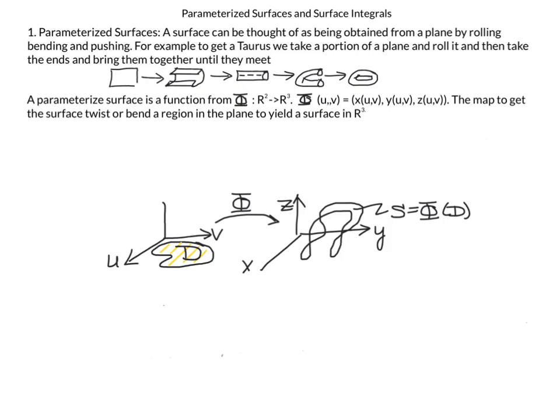When I say we take a portion of the plane, we can think of this UV plane, and here we have a domain, or a section of the UV plane, and then we somehow twist and map it or stretch and map it into this surface here. All the twisting and bending and stretching we do is considered a mapping.